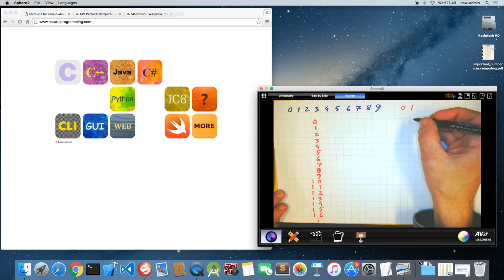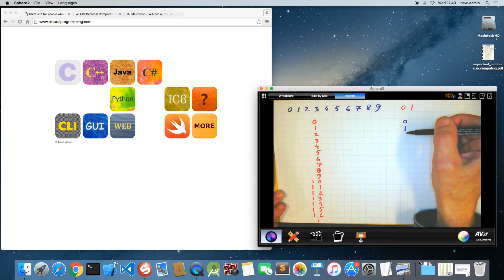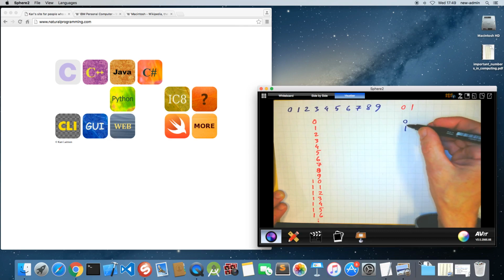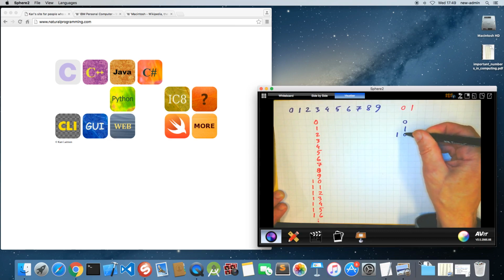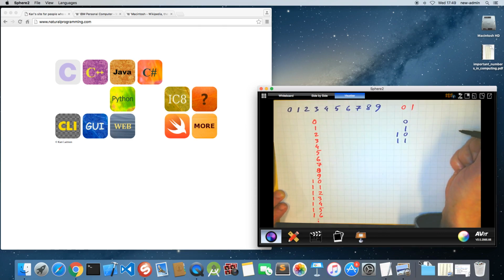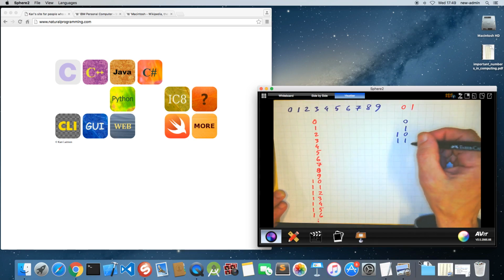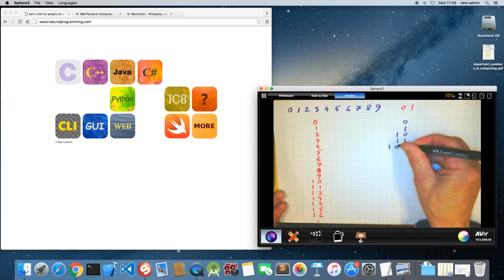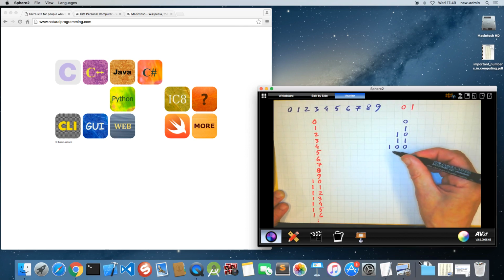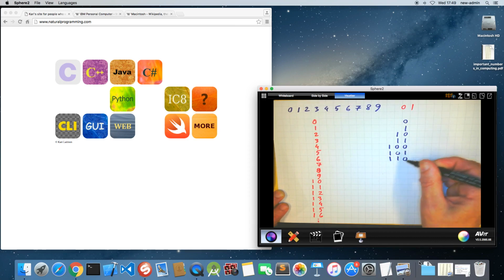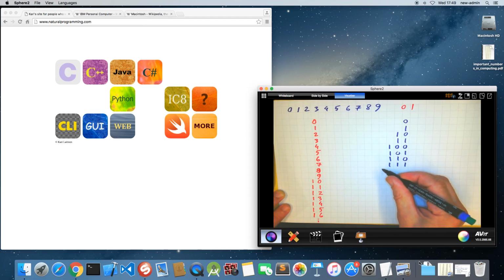So if we start counting from 0, 0, 1, now we ran out of symbols, so we start using a new column there. So we put 1 there, and again we can continue writing down the numbers, but again we ran out of symbols here, so we must start using a new column there, and again we can continue this counting operation, and again we ran out of symbols, so we start using a new column here.